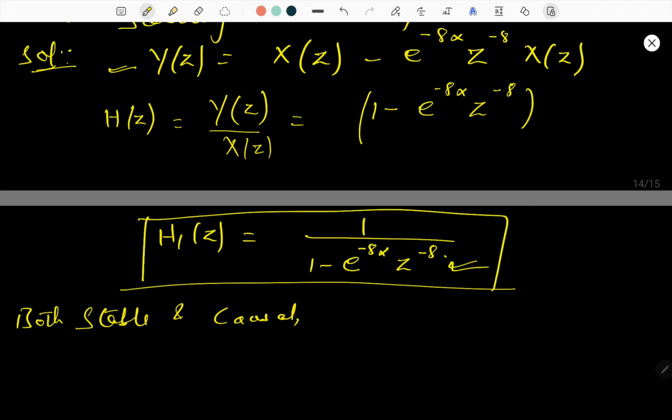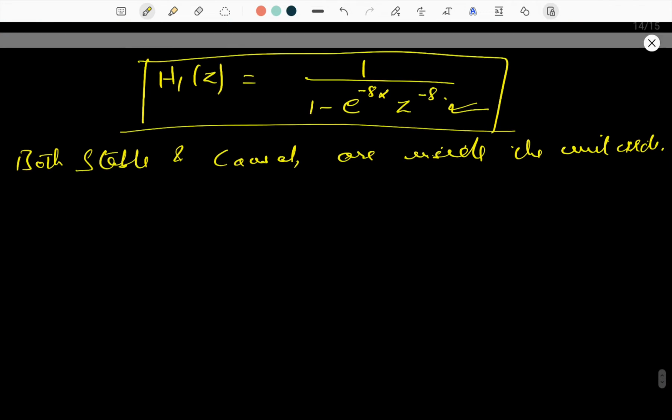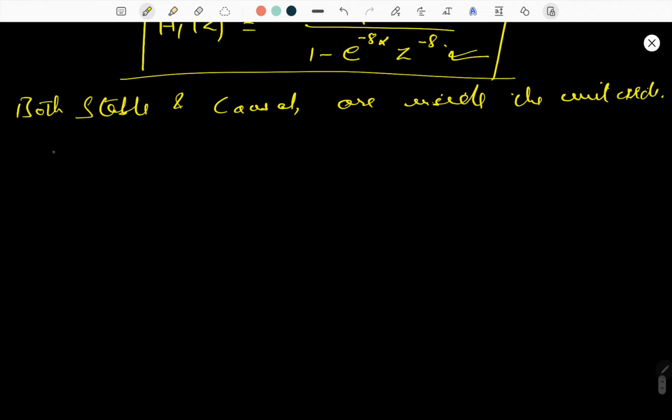All the poles of the system are inside the unit circle. That's why this system is stable and causal. All right, so let's move forward and see what is the all pass system.